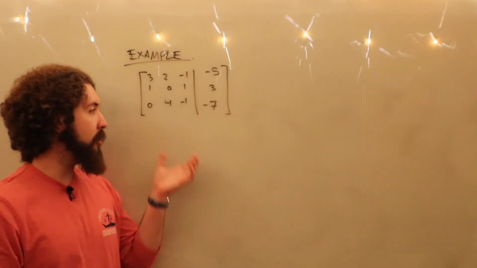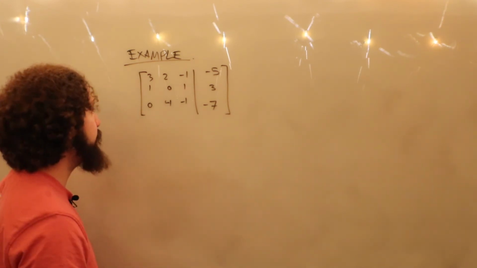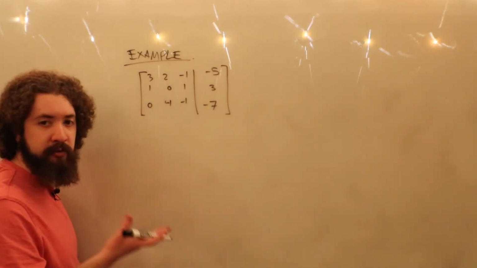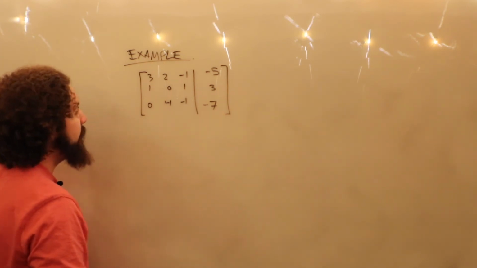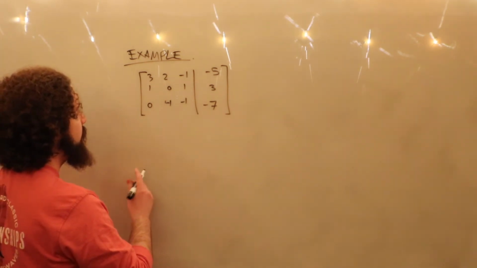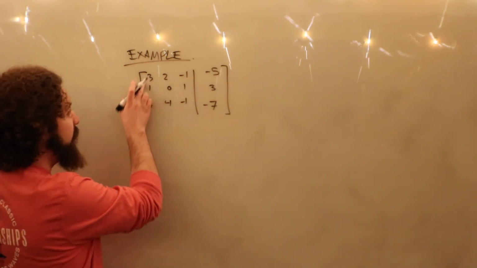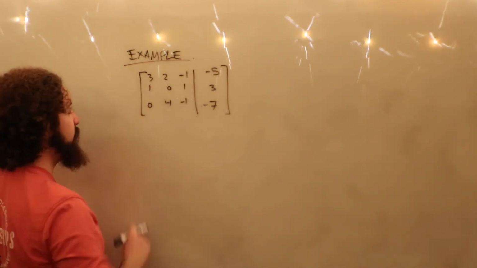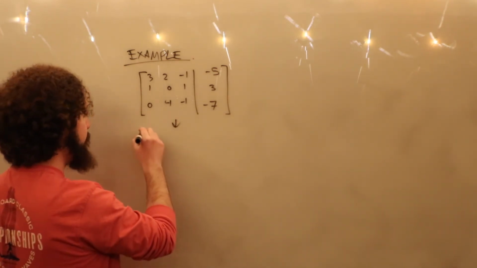I've rewritten our augmented matrix up here so that we have plenty of room. So now let's use our elementary row operations. Well, the first thing we might want to do is to switch two rows. Let's switch row 1 and row 2 because row 2 already has a 1 in its leading entry. So let's try that.